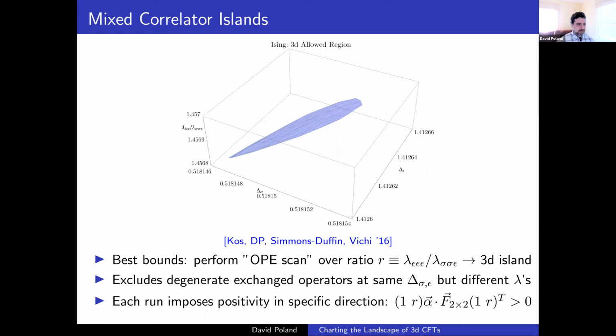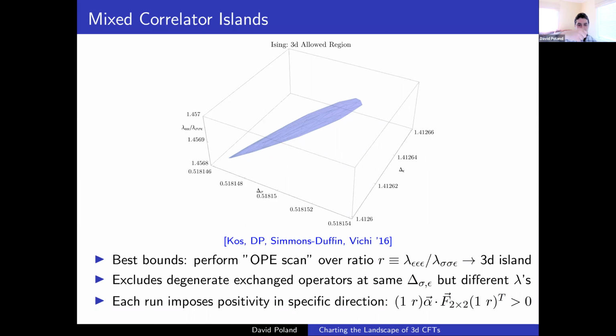where you get multiple degenerate contributions to the OPE, but they have different values of the OPE coefficients. So one thing that's helpful to do is to input this information that there's a unique isolated sigma and epsilon operator by inputting some value for this ratio of OPE coefficients, and then scanning over all possible values.